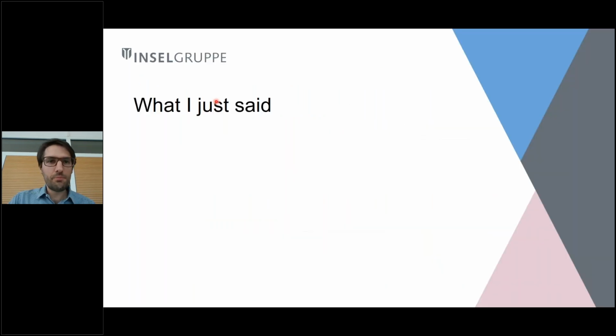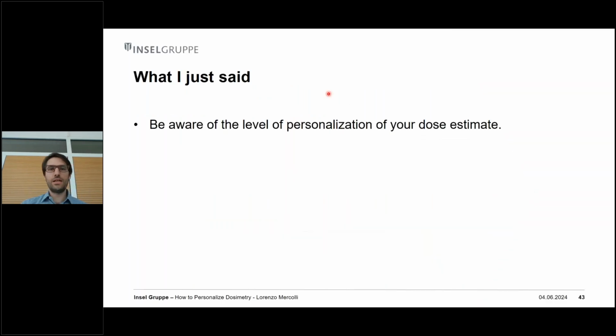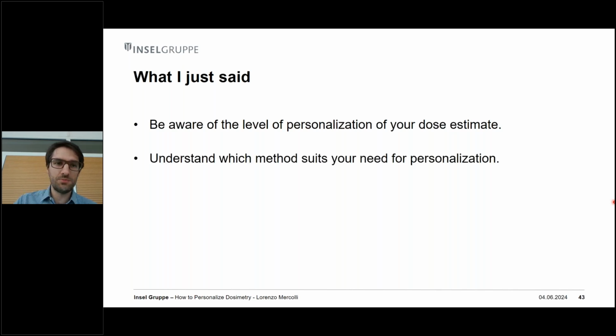So let me wrap up. I tried to convey that you should always be aware of the level of personalization that goes into your dose estimate. Ideally, you should understand or choose the method for computing a dose estimate that suits your need for the level of personalization.